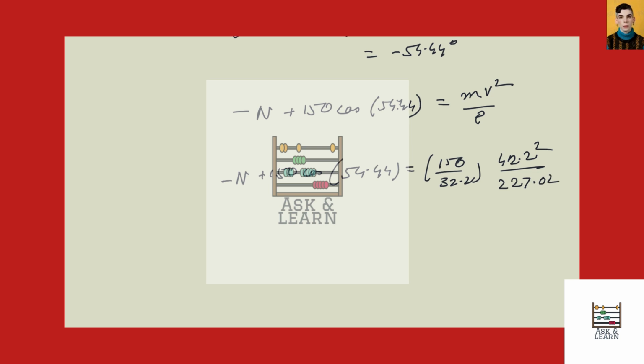So just draw a simple diagram for this. Let's say this is the skier. This is the normal reaction acting, and this is the weight mg, and this component is mg cos theta. This is angle theta.